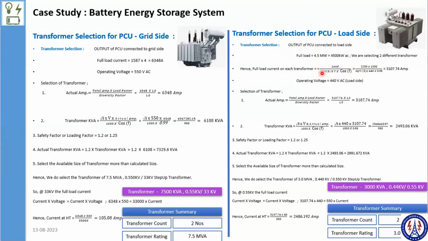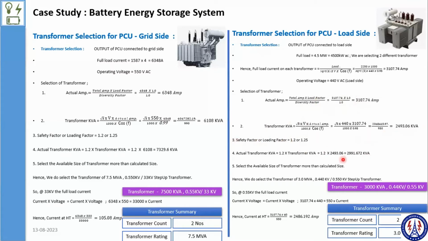We know the full load current of each transformer: load divided by √3 VA into cos phi, right? Putting in the values here, the operating voltage is 440 volt AC, because you are dealing directly with the load. The actual ampere is total amps into load factor divided by diversity factor, the same formula, keeping load factor and diversity factor as unity. The transformer kVA is 2493.